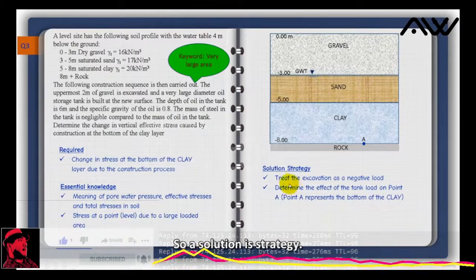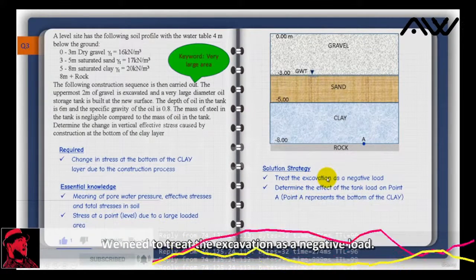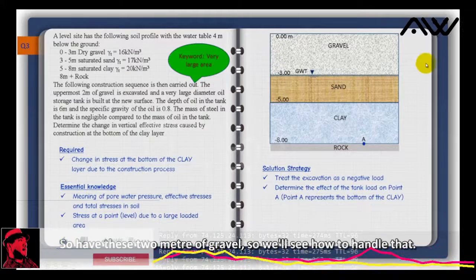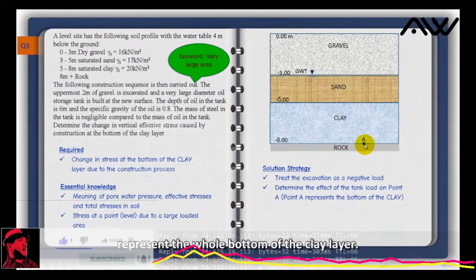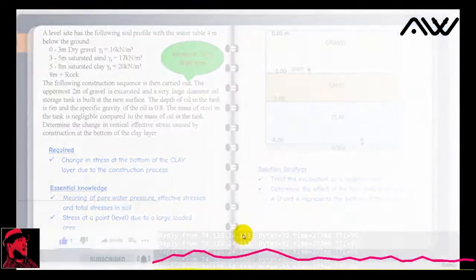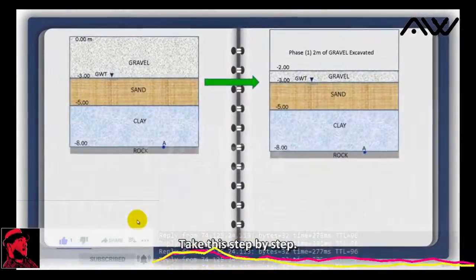So solution strategy: we need to treat the excavation as a negative load. We have these 2 meters of gravel, so we'll see how to handle that. And then we need to determine the effect of the tank load on point A, which, like I said, represents the whole bottom of the clay layer. So let us take this step by step.